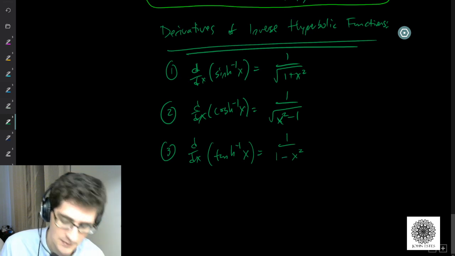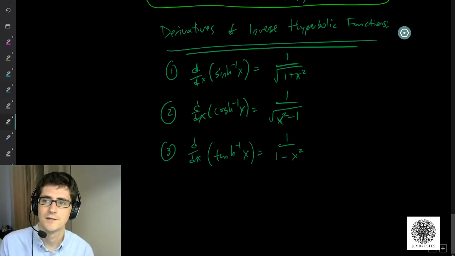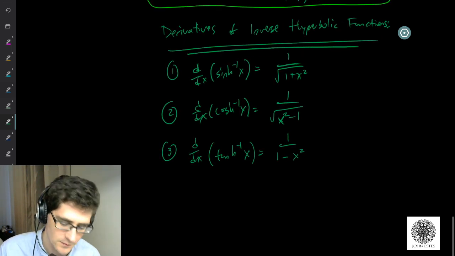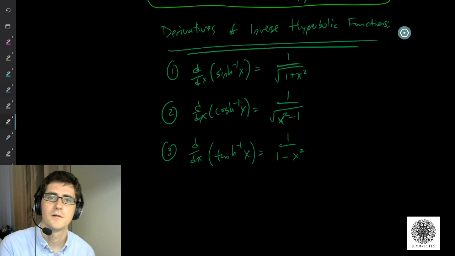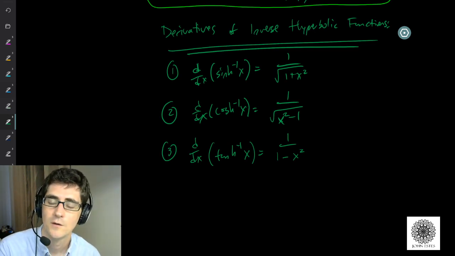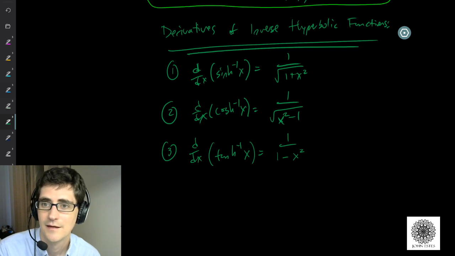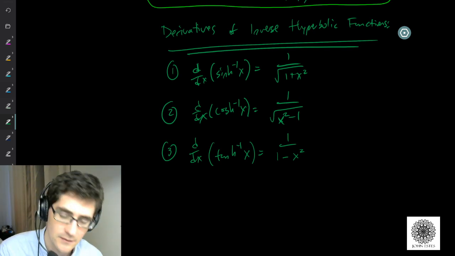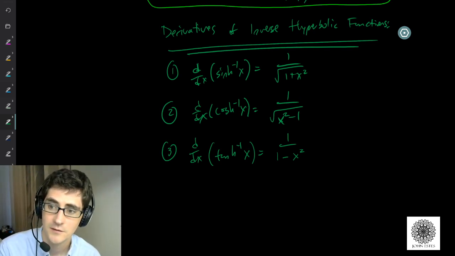The derivative of tanh inverse is 1 over 1 minus x squared. All right, those are the only three I'm going to write down. If you have to use integrals or derivatives involving cosec inverse, etc., we can just reference it. We can look it up. I usually don't make people memorize those. Those are things we can easily reference.